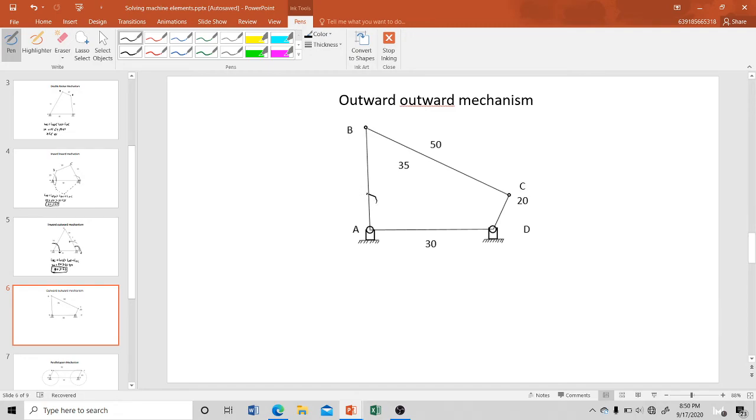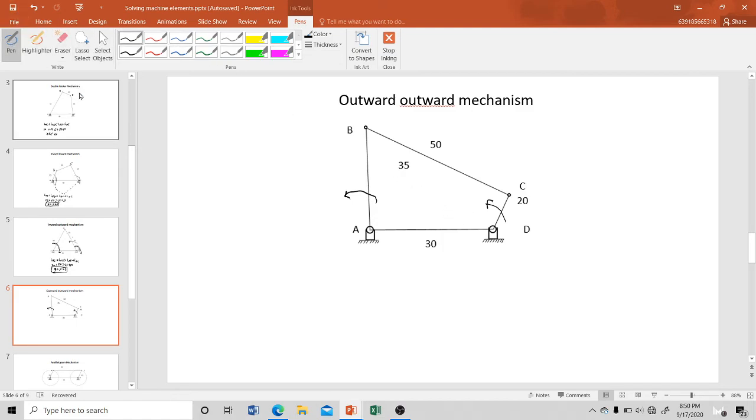This link AB has an outward direction, and the longest link BC is guided by length AB and length DC. The oscillation of DC is outward too.